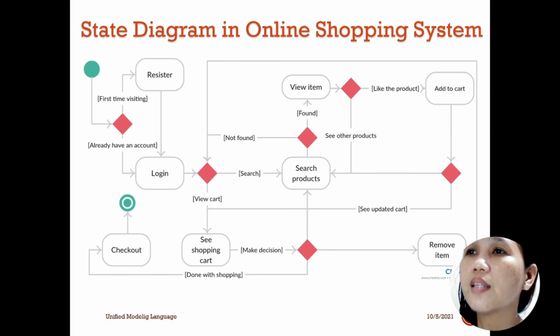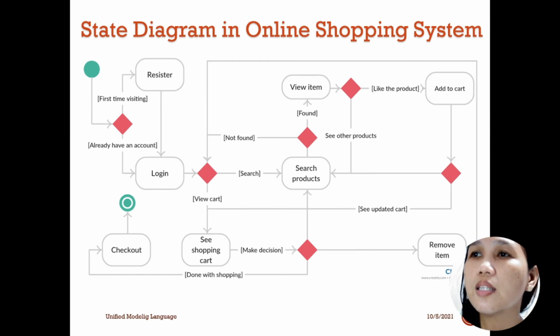So here is a state diagram in an online shopping system. First we have to register, and then we have a separate diagram for all the different cases. So after registering or logging in, if the customer already has an account, then he or she can view items, add to cart, search products, remove items, see the shopping cart, and then check out.